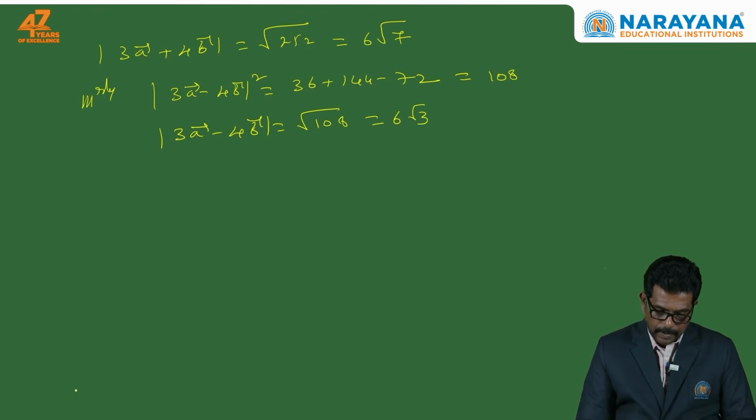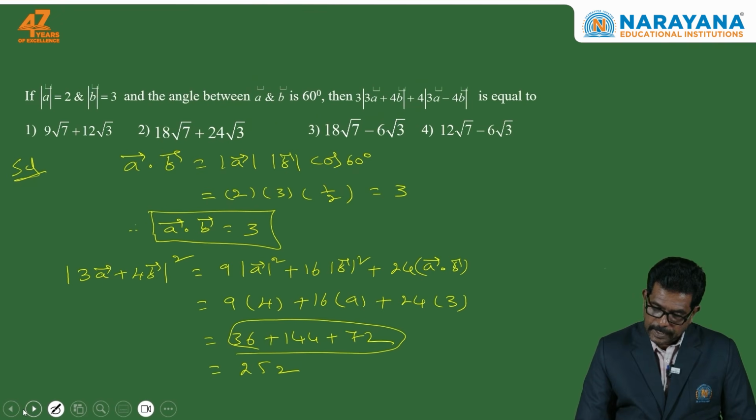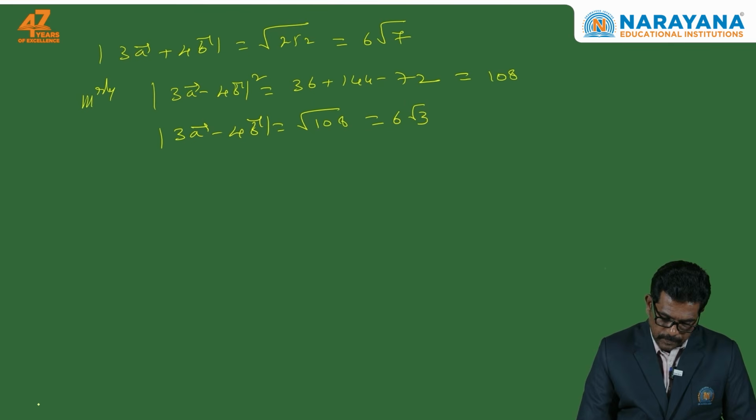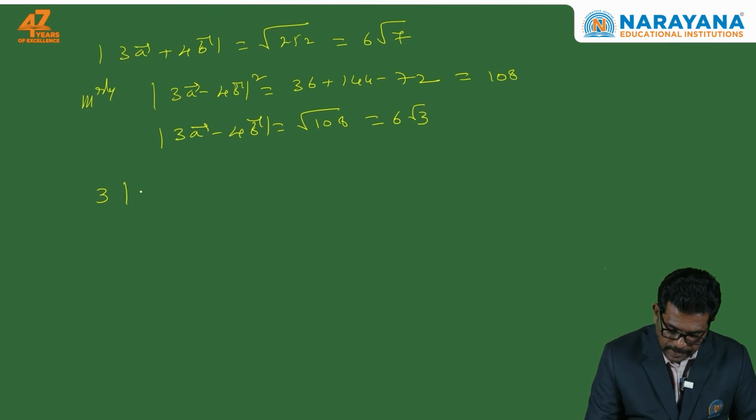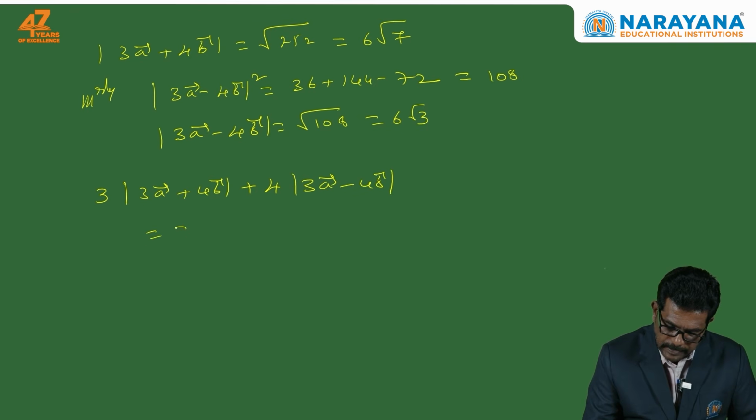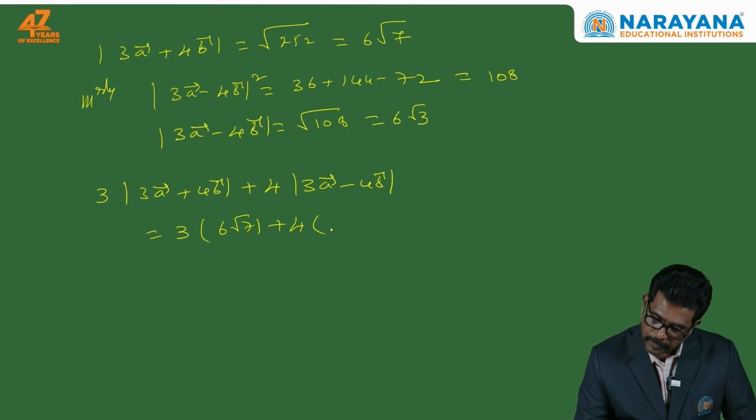Now what they asked here means 3 times mod 3a bar plus 4b bar plus 4 times mod 3a bar minus 4b bar. Now this is equal to 3 times 6 root 7 plus 4 times 6 root 3.